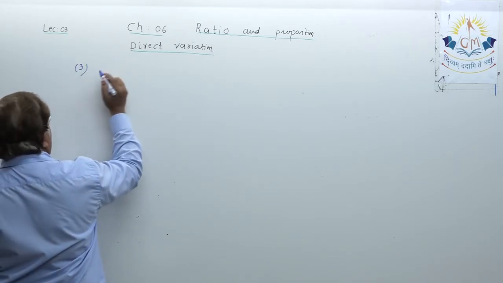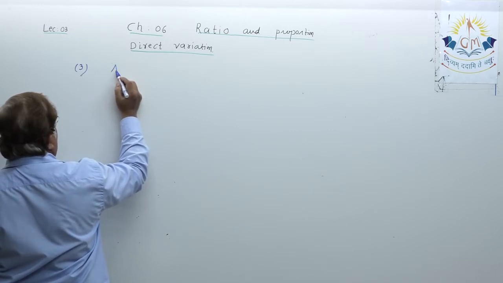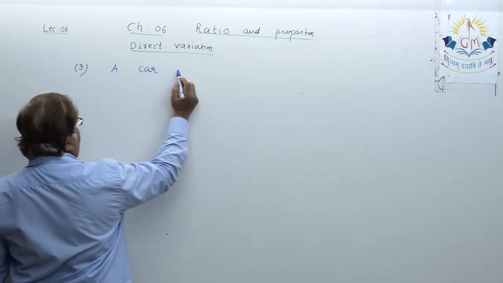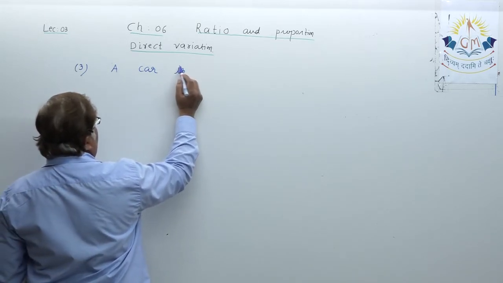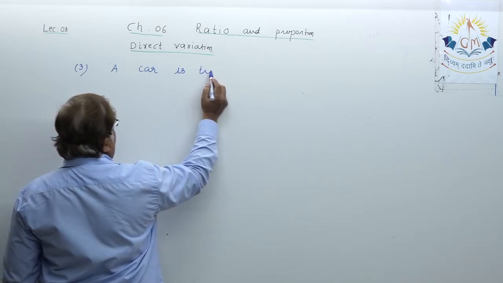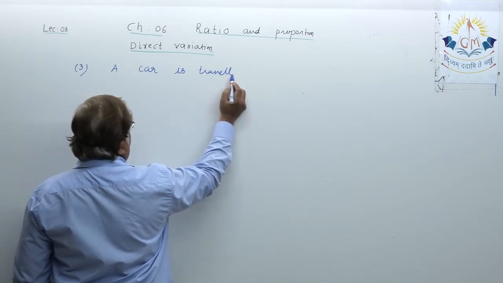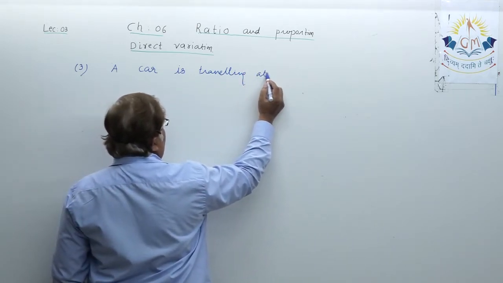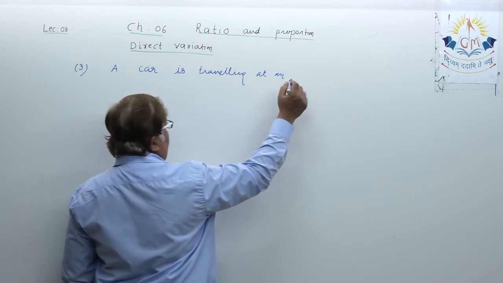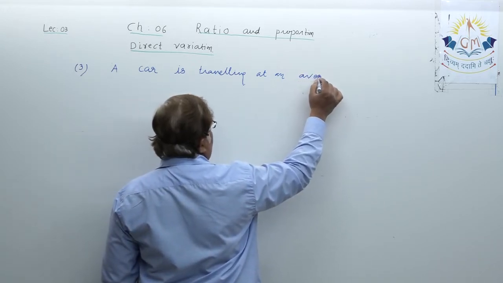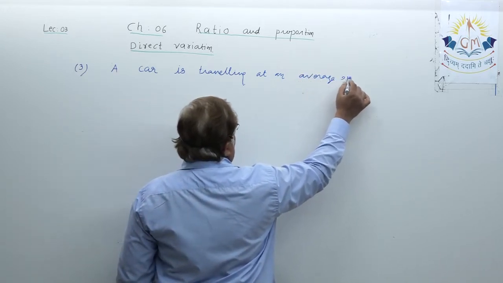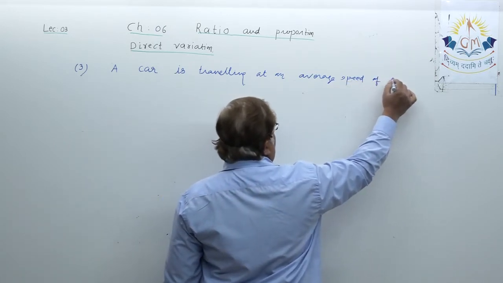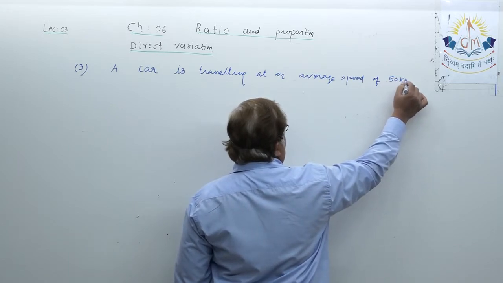It is like this. A car, please note down, a car is traveling with an average speed of 50 kilometers per hour.